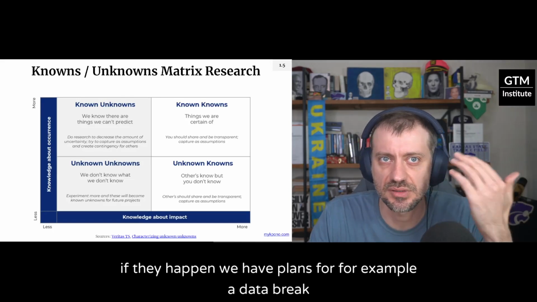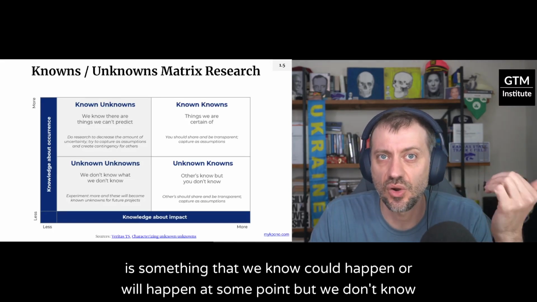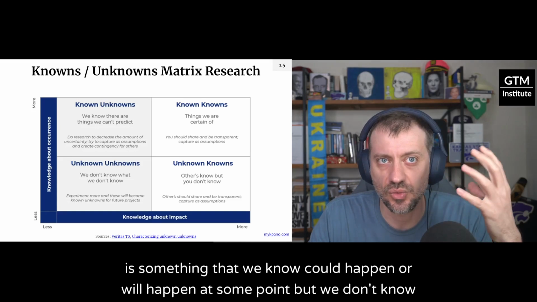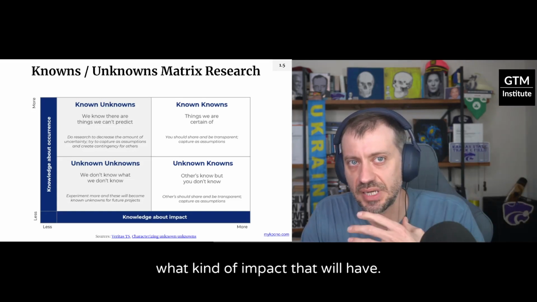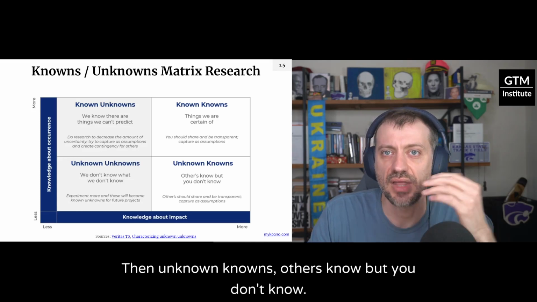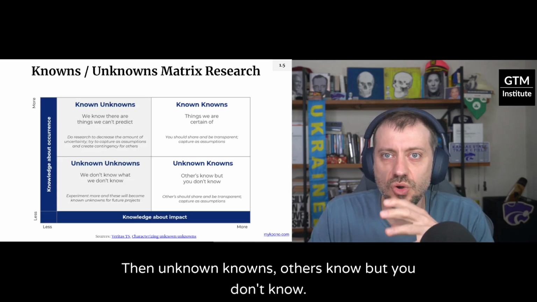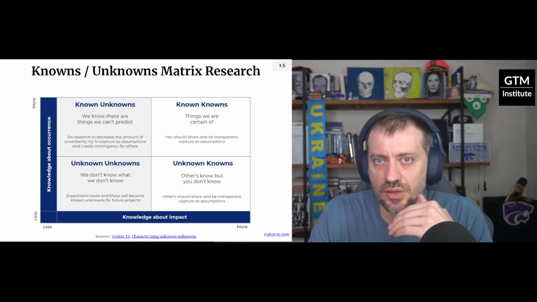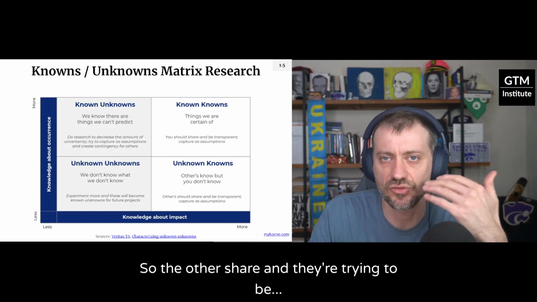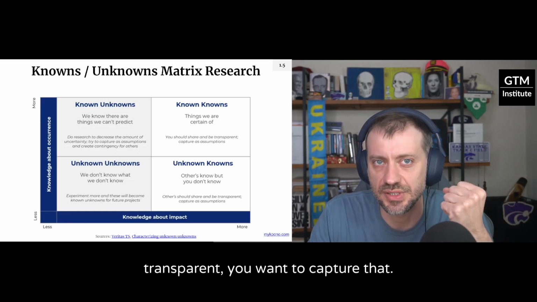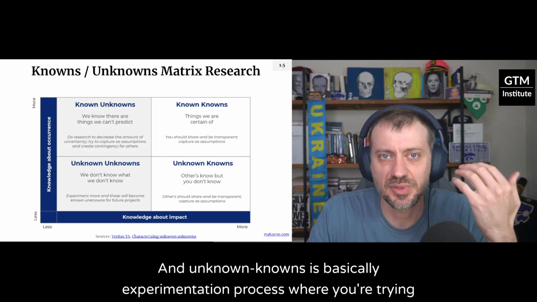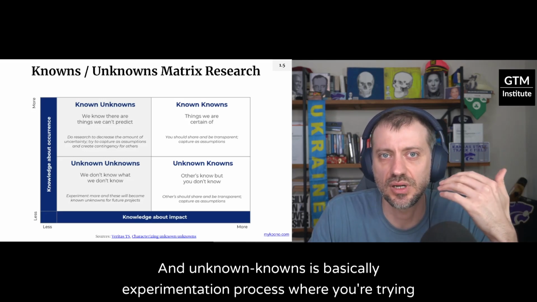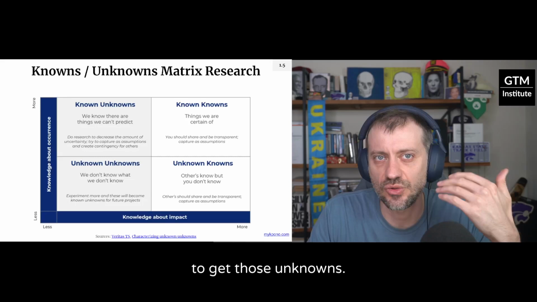For example, a data breach is something that we know could happen or will happen at some point, but we don't know what kind of impact it will have, right? Then unknown knowns: others know, but you don't know. Others share and try to be transparent, but you want to capture that. It's basically an experimentation process where you're trying to get at those unknowns.